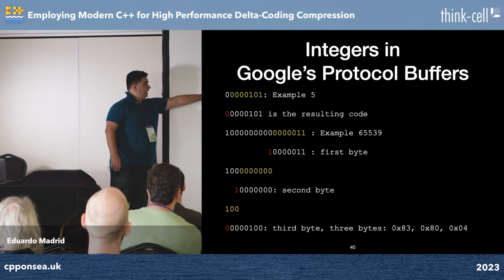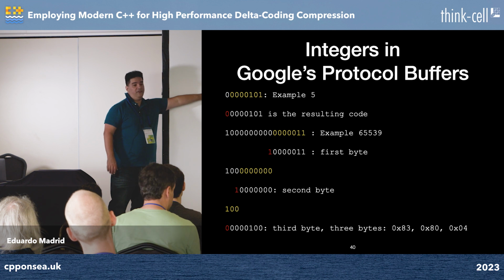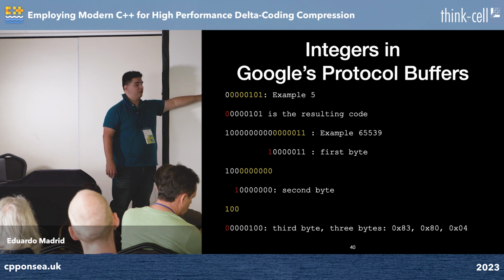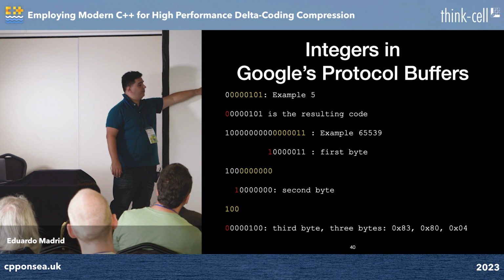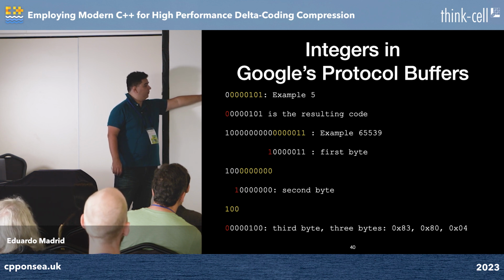I am setting in red the most significant bit of the byte of the code to indicate whether an extra byte is required or not. And if we start with a simple example, such as 5, it can totally be encoded with 7 bits, and therefore there is no need for more bytes. Therefore, the most significant bit is 0.